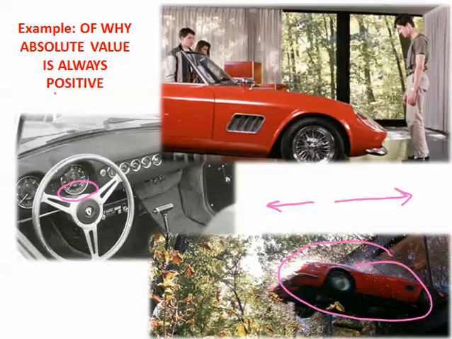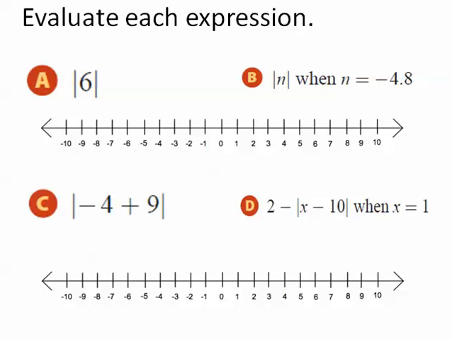So this is why absolute value is always positive, because it is a distance and the odometer is going to go forward whether you're in reverse or whether you're driving forward. So that's something to keep in mind because it's the distance from 0 and you're still traveling a distance.